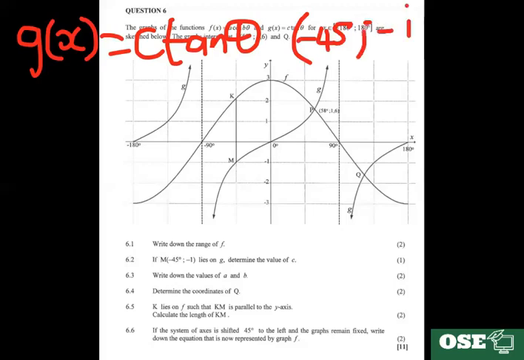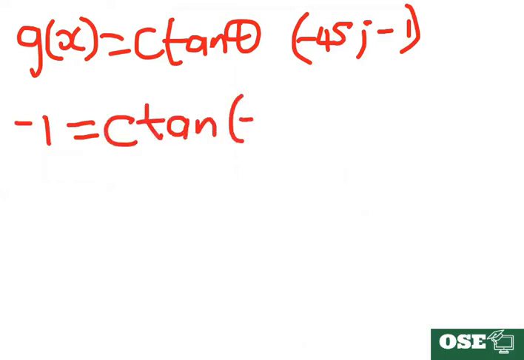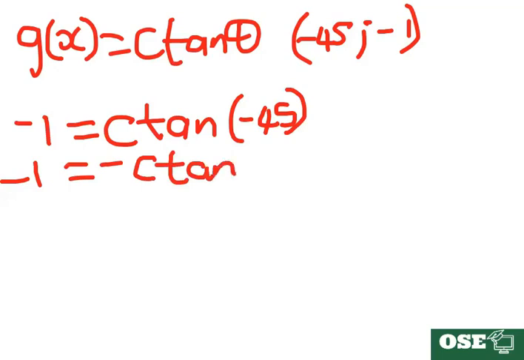So all you have to do is substitute these numbers into the formula, right? So g of x, which is -1, equals c tan of -45, which is the same as -1 equals negative c tan 45. You can cancel out the negatives. So 1 equals c tan 45.